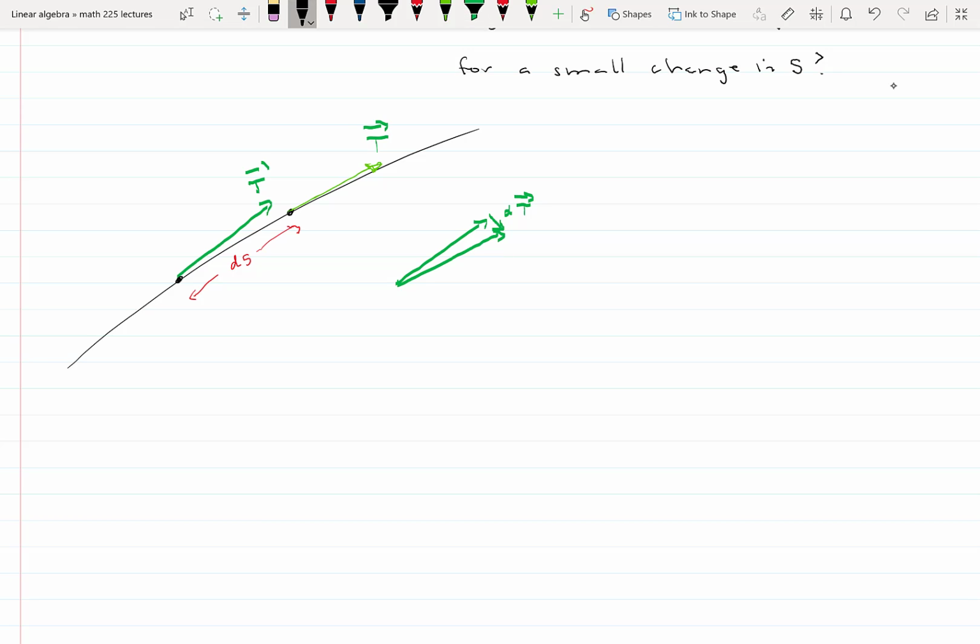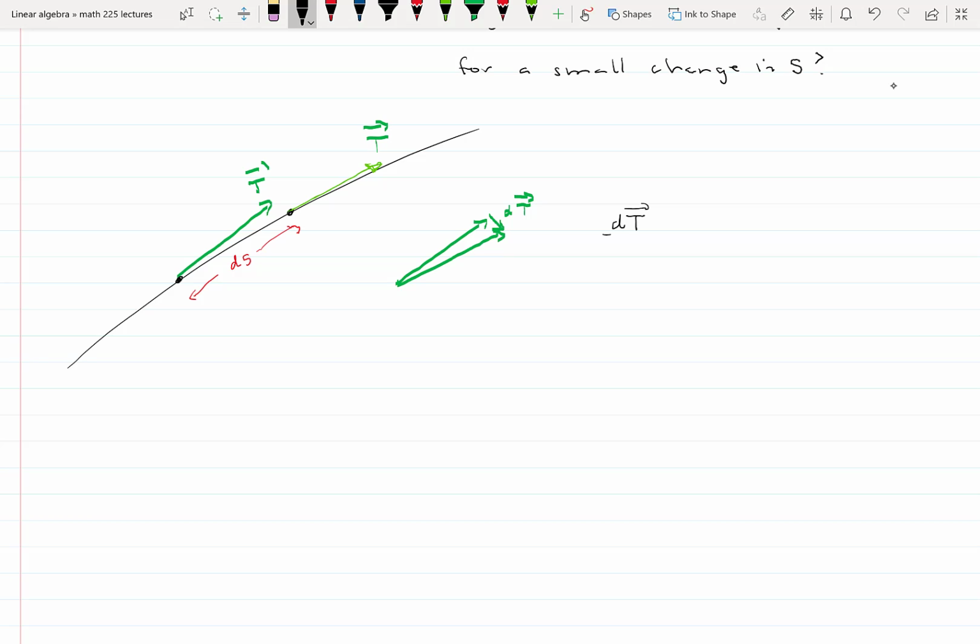And you notice that the length of dT is small. The small change in the unit tangent vector amounts to a small dT. So dT is a small vector.